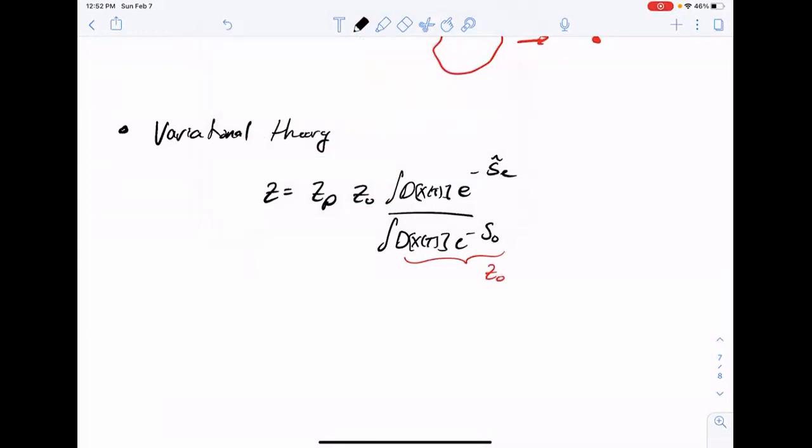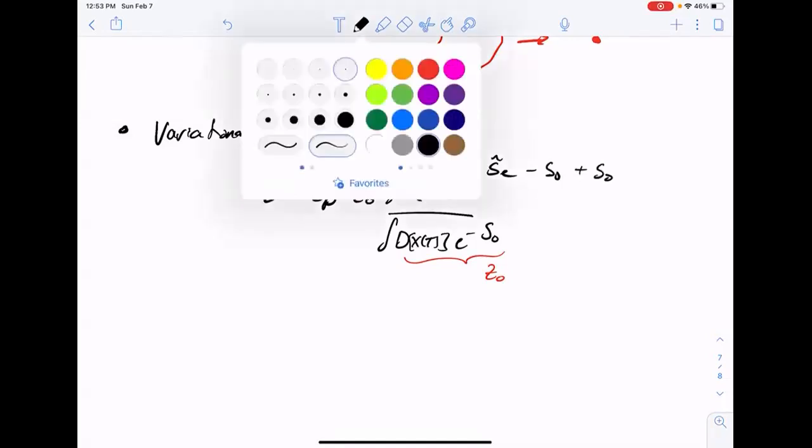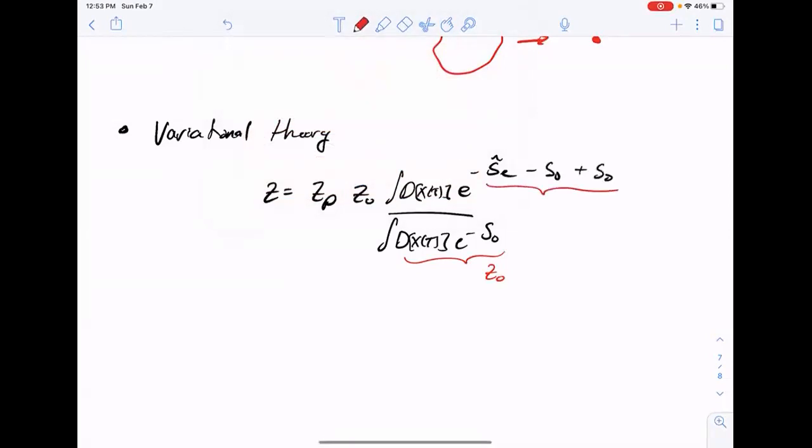In addition, I can add and subtract s0 in the argument of that exponential, rewriting this as minus s0 plus s0 minus the effective action.